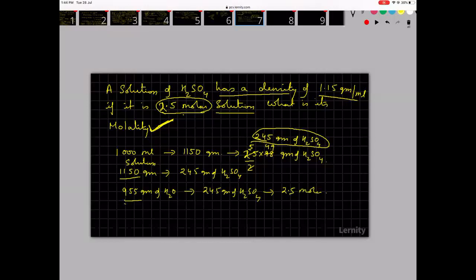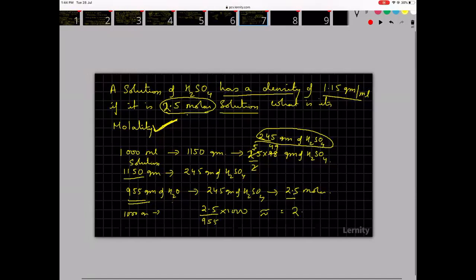So in 955 grams of H2O, I have 2.5 moles. So in 1000 grams of H2O, I'll have 2.5 by 955 into 1000, which will approximately be maybe 2.7. So it's a 2.7 molal solution of H2SO4.